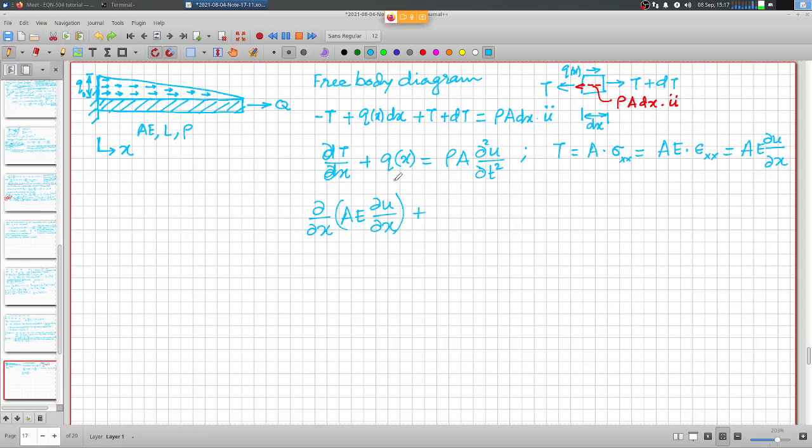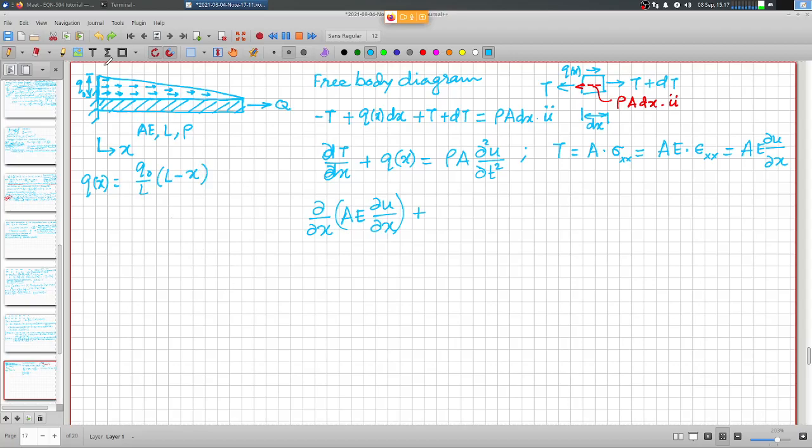And what is q? Qx is varying linearly from q0 at x is equal to 0 to 0 at x is equal to L. So this is equal to q naught by L multiplied by L minus x.